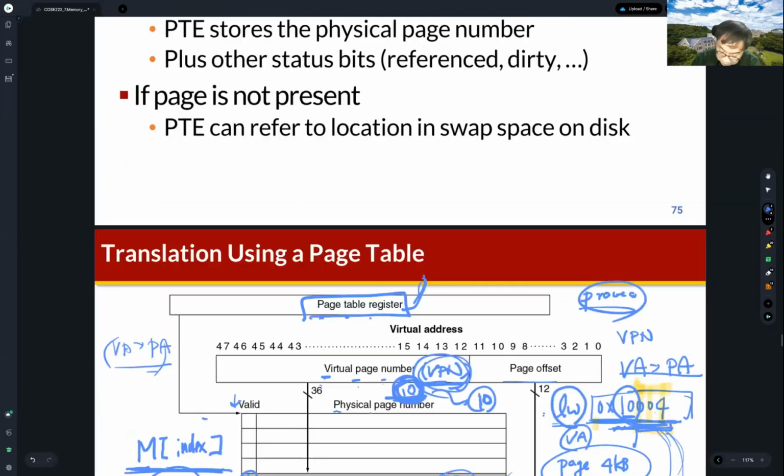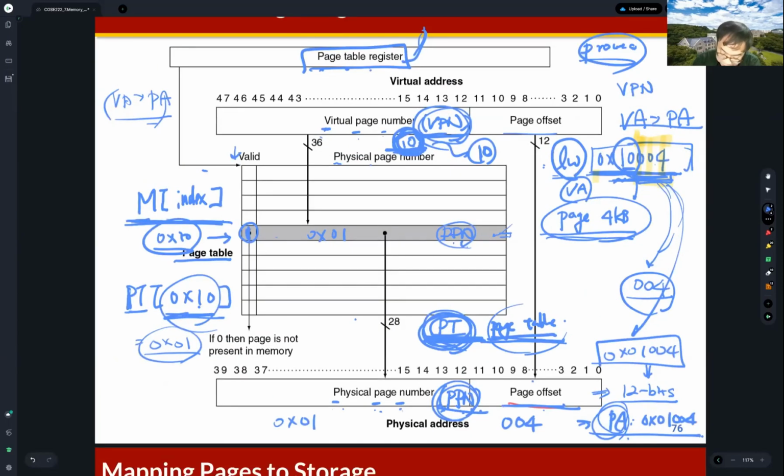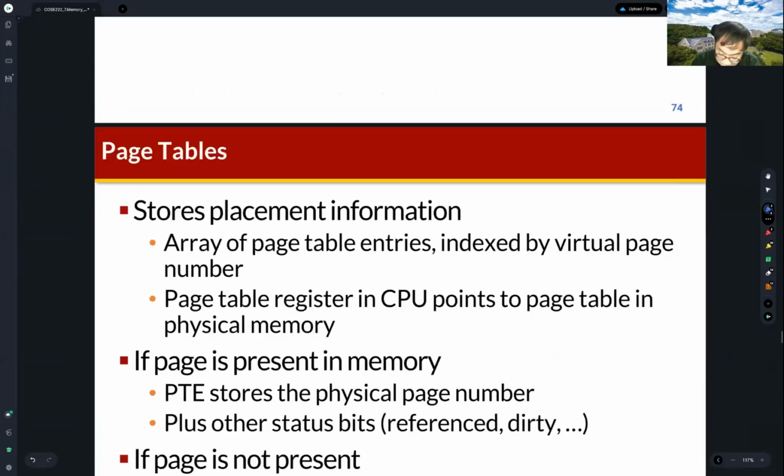As I mentioned, this is called the page table, and the page table is a software structure.